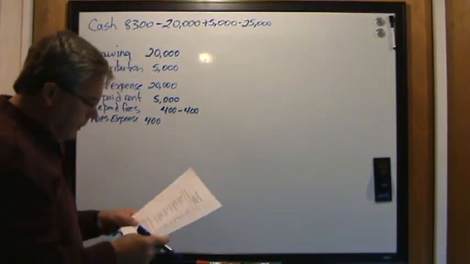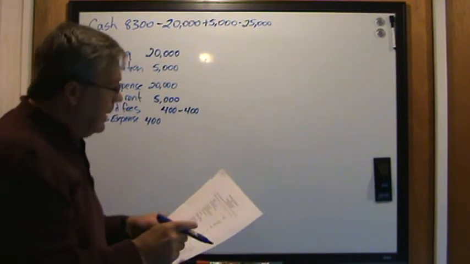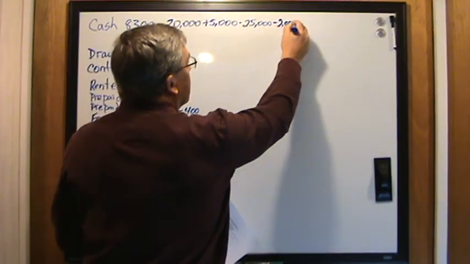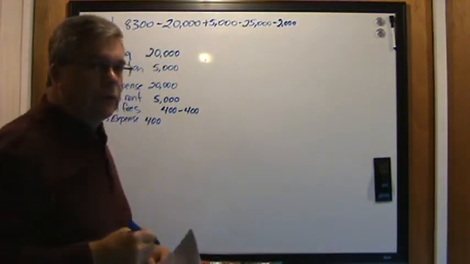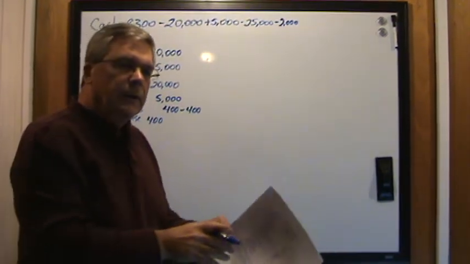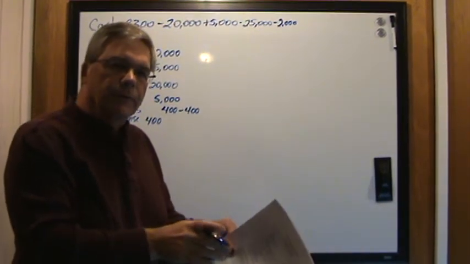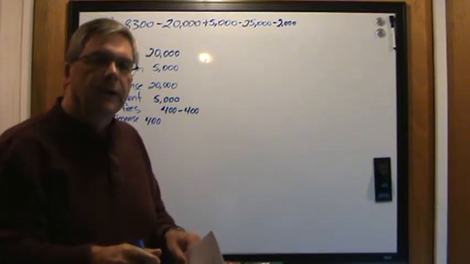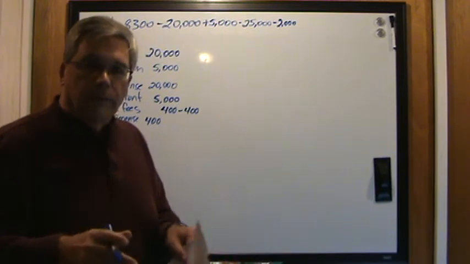Now that's not all. Because we paid $2,000 for the fiscal year April 1st, 2014 to March 31st, 2015, that's 4 quarters, that's a full year.